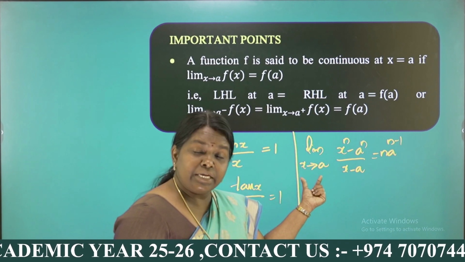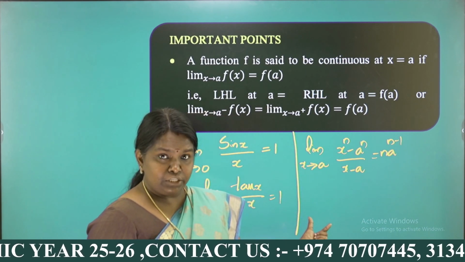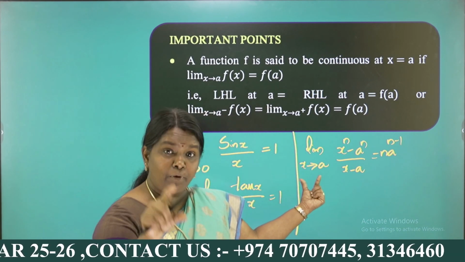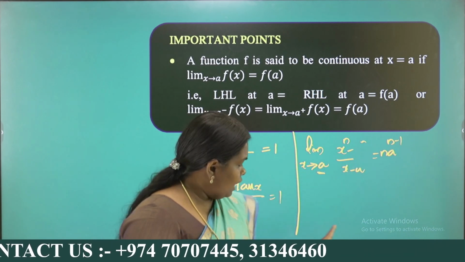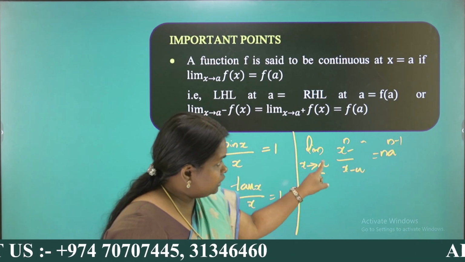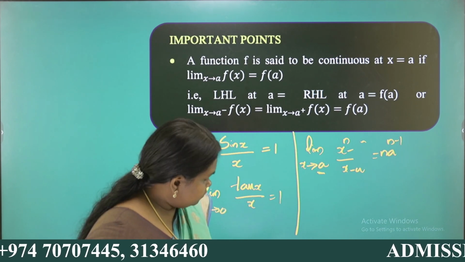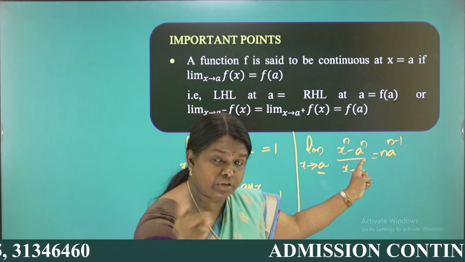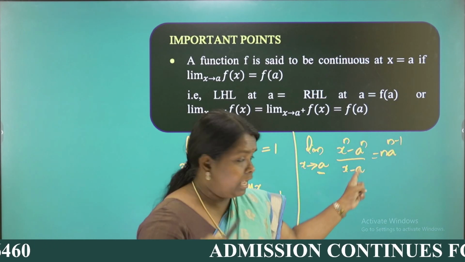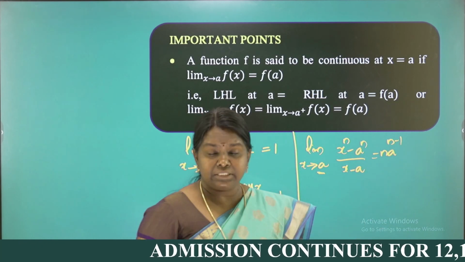Where x is tending to. x is tending to the point a, so that same a should come in the numerator: x raised to n minus a raised to n, and the denominator also x minus a.